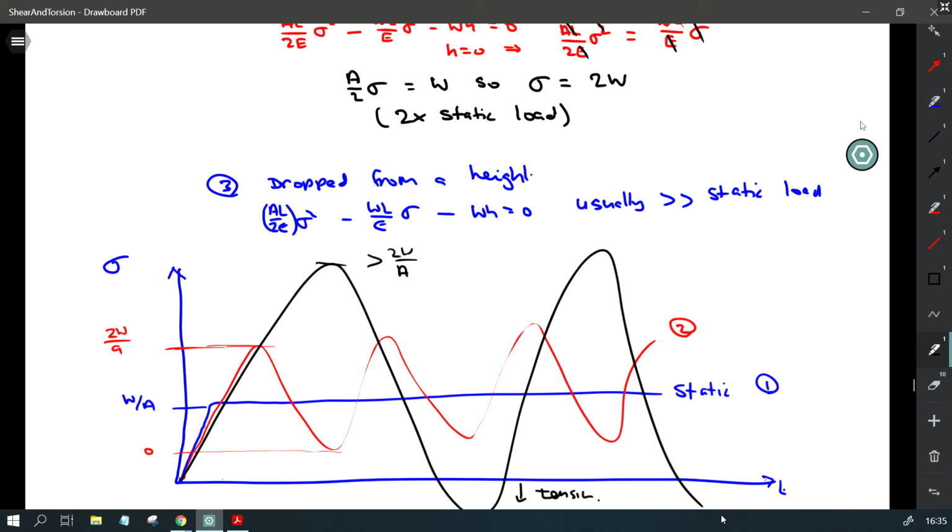Okay, so in the case of the example in the homework, you're basically asked to solve that quadratic equation for stress.